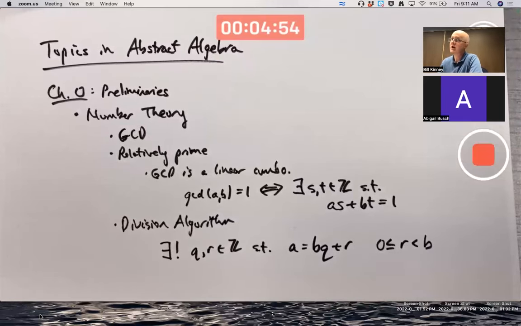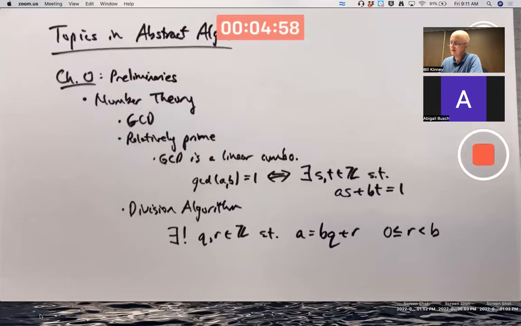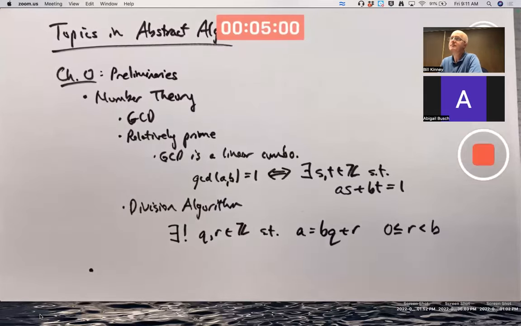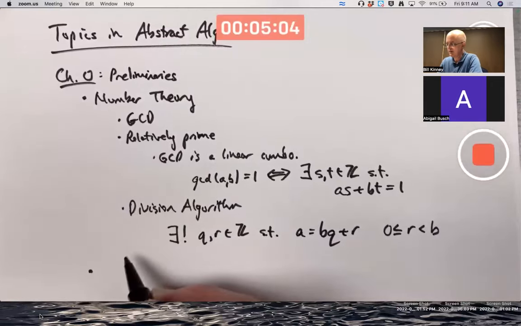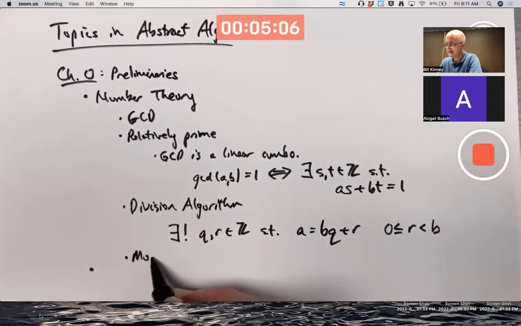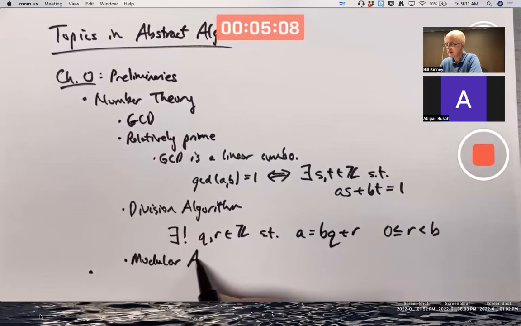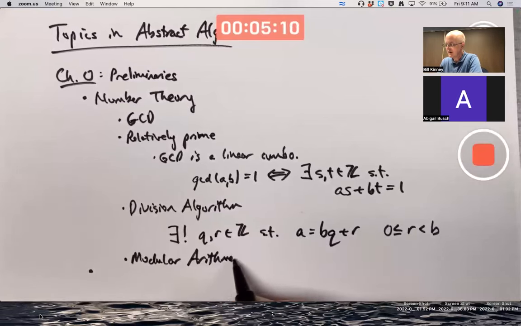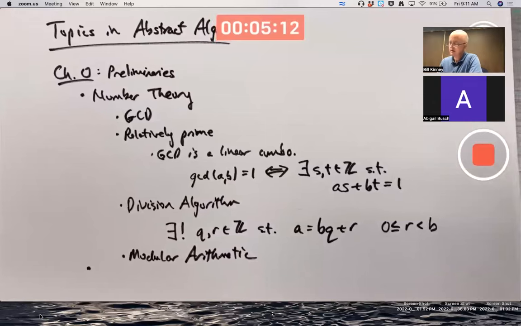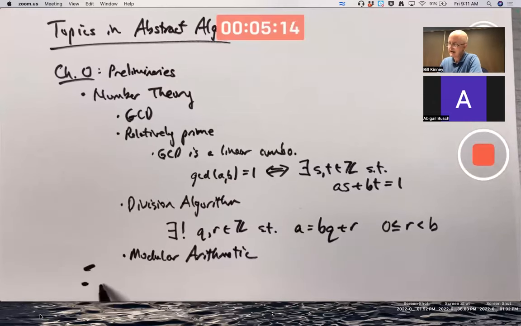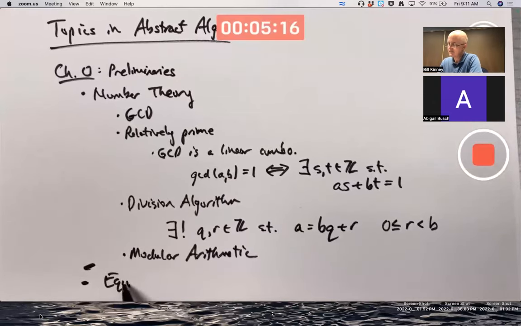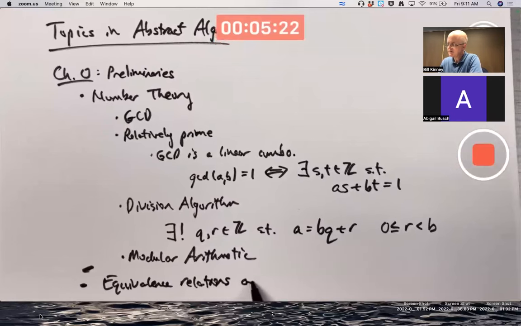And we've seen that this generalizes to polynomials. That's what we've been doing recently. Also in chapter 0, we had some other fundamental things. In number theory, we also had modular arithmetic. We've done plenty of that during the semester. We also had equivalence relations and partitions.